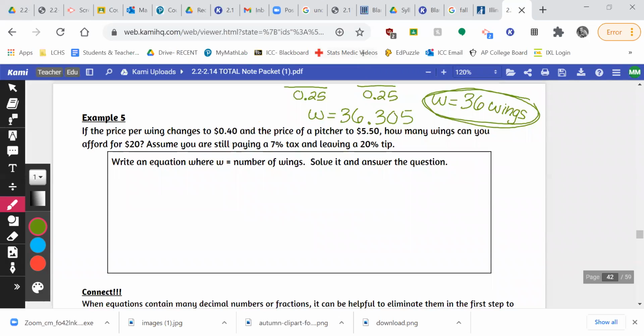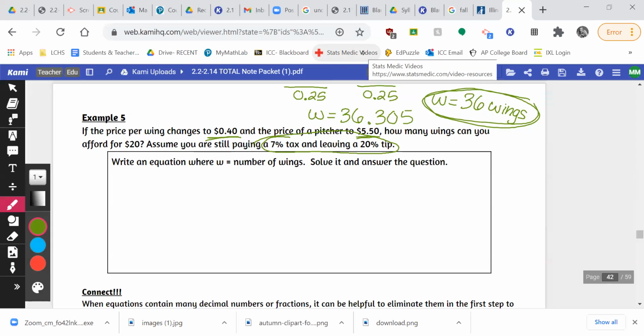So if the price per wing is now 40 cents and the price for a pitcher is $5.50, how many wings can you afford for $20, assuming you are paying 7% tax and leaving a 20% tip?